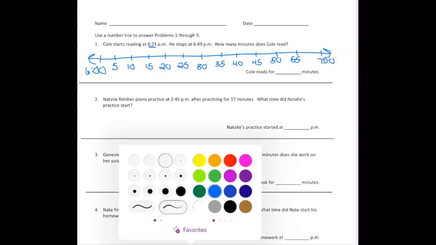The problem tells us that Cole starts his reading at 6:23. So I'm going to change the color just so that you can see my point. We go to 6:20, and then I'm going to count by ones to get to 23. 21, 22, 23.